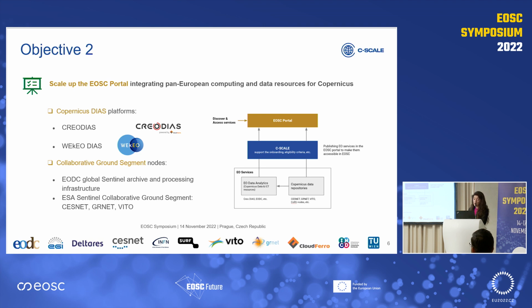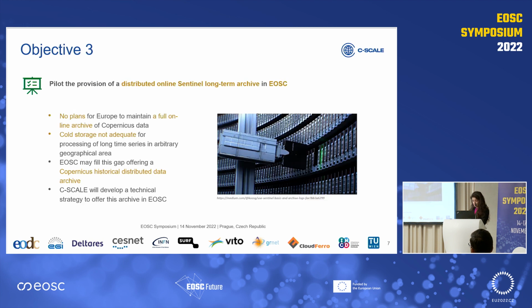One of them is CREO-DIAS, represented by Cloudflare, and VKO-DIAS, which is represented by Cloudflare and eoDC. In addition to that, we also have representatives from the collaborative ground segment nodes, and one of them is eoDC again, the eoDC Global Sentinel Archive and Processing Infrastructure, and from the Sentinel collaborative ground segments, we have Chestnut, GeoNet, and Vito.